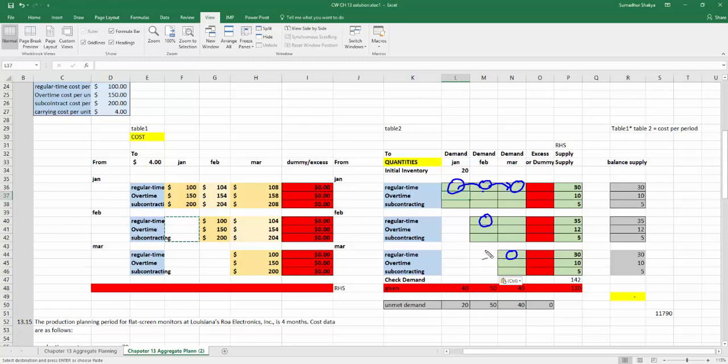That is all the options for the regular time. Now, if you were to produce overtime, you can produce overtime in the month here and then carry it over for the month of February, or carry it further into March. In here, you can only carry it once, and this is the end of our planning horizon. So that's all we are dealing with right now.